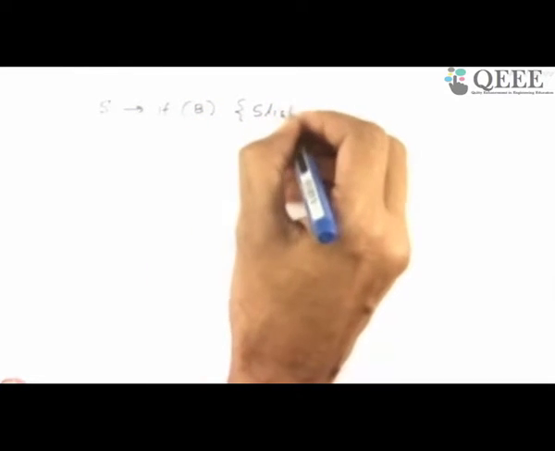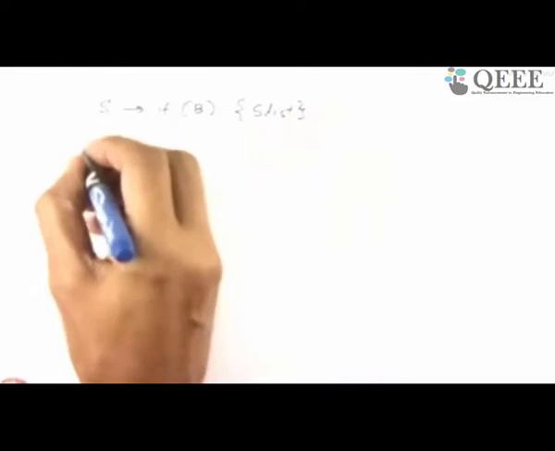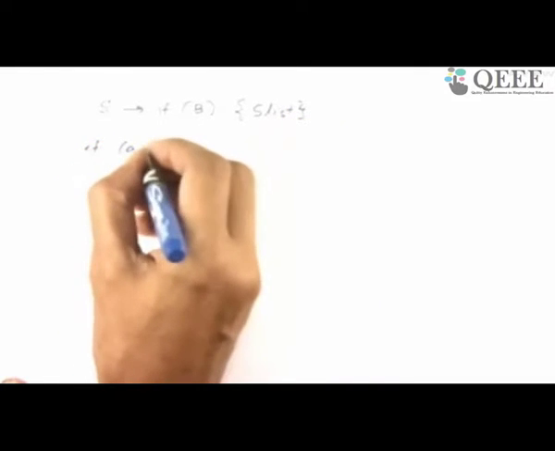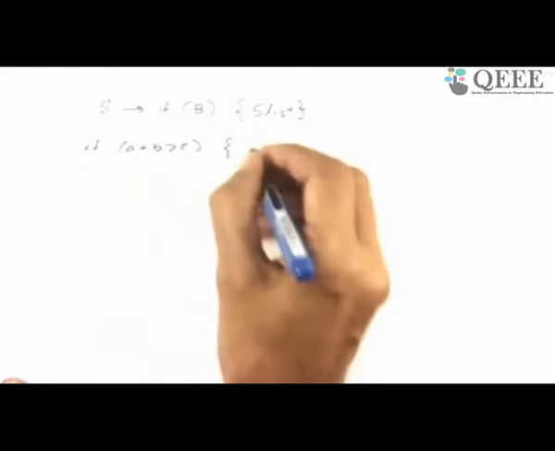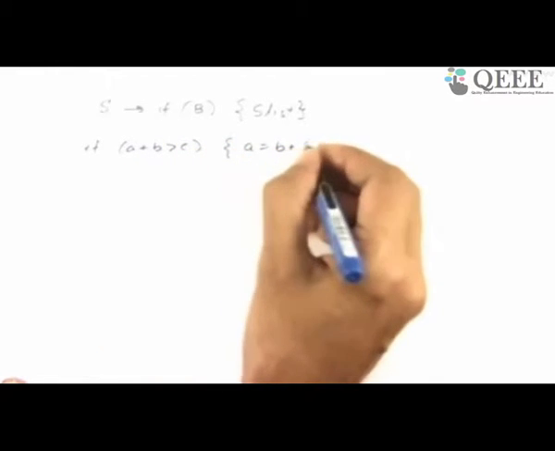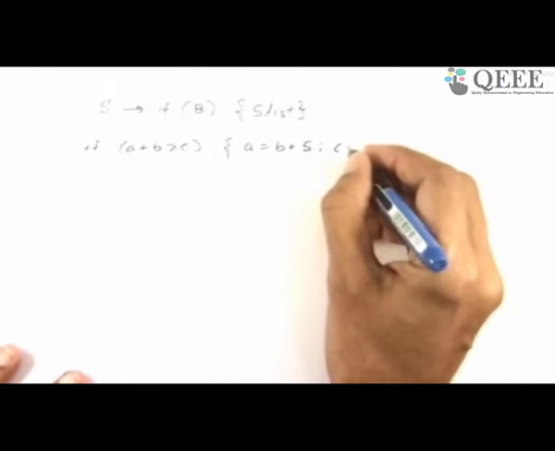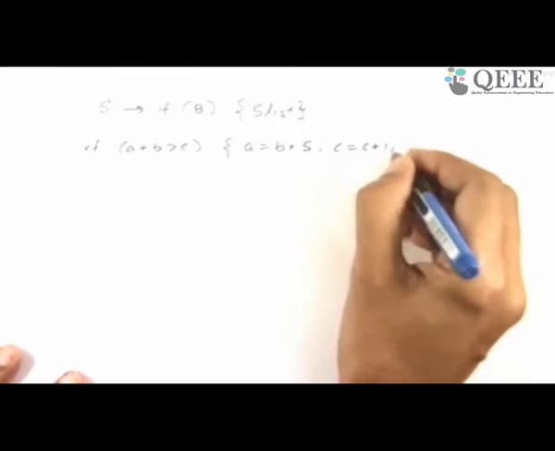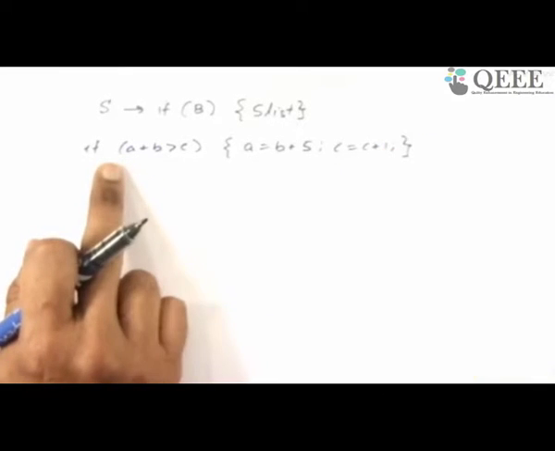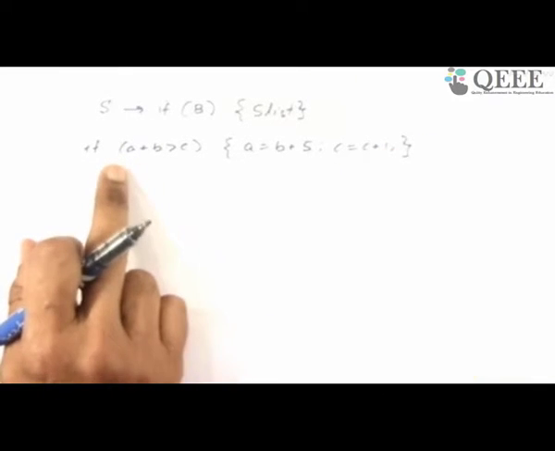This is the grammar. So I take a small construct. If A plus B is greater than C, then do A equals B plus 5. Don't worry about what I'm writing out here. C equals C plus 1, and this is my piece of source code, which is a valid if then else statement in C.